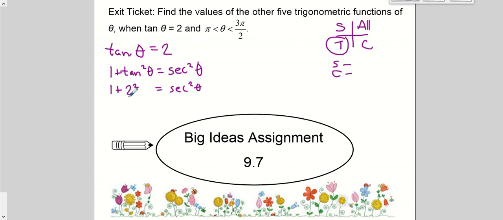Two squared plus 1, square root of both sides, plus and minus. This is where we have to figure out our sign. So secant theta is a reciprocal of cosine, and we said it was negative. So this is a negative square root of 5. All right, we've got tangent, we've got secant. Let's find sine.